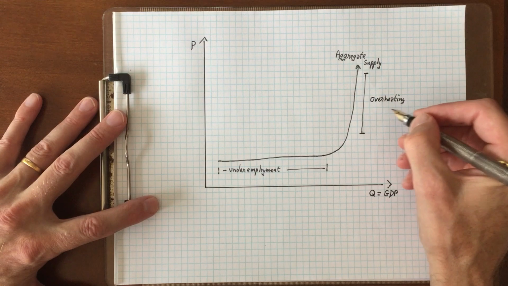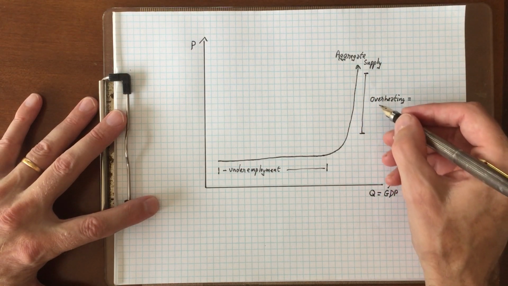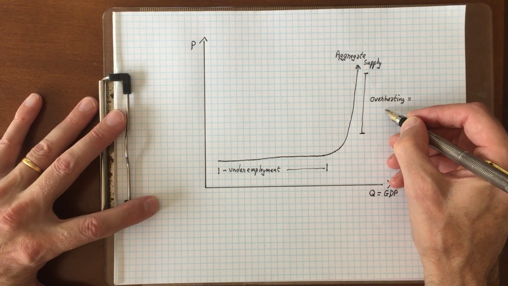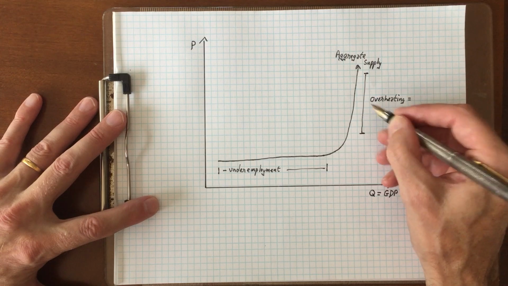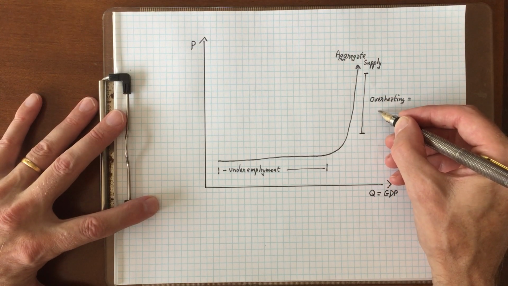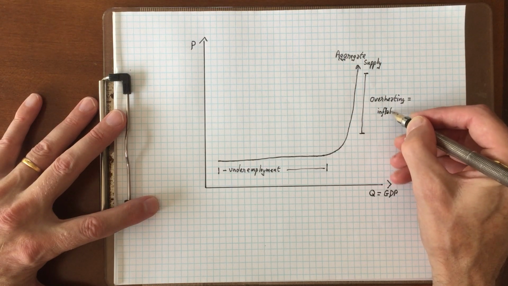And the problem with this area is that if you get over here in the aggregate supply curve, you really end up in a situation where prices are rising, but no more stuff is being created. And when prices rise and there's no more stuff, all that's happening is that everything's getting more expensive. The term for that is inflation.